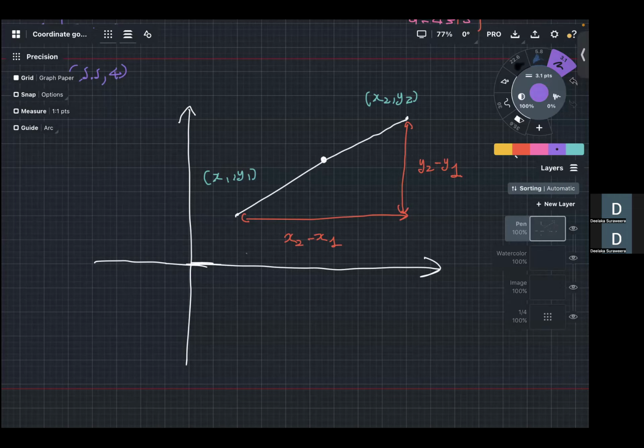Now, since we're trying to find the midpoint, we need to go halfway right, halfway up. Make sense? If we go halfway right, what's that value we go right by?